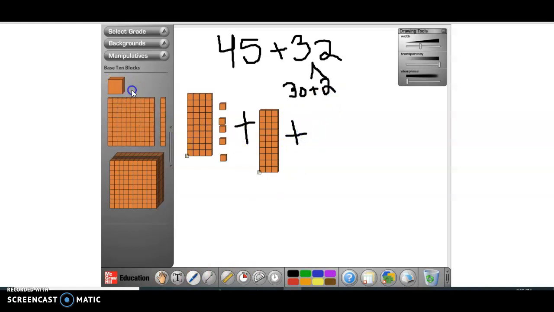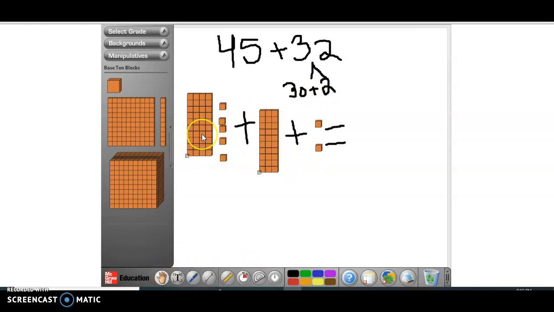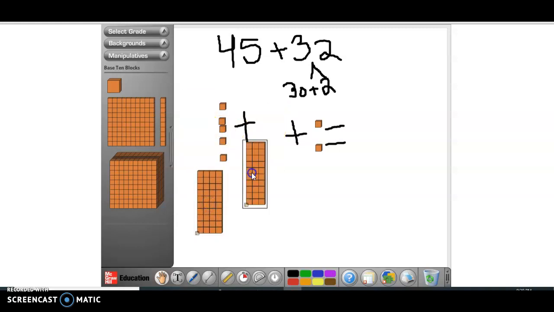And how many ones did we have? 2. And then we can put our equal sign. And now we can add all these blocks together to see how many we have. So let's see. We have 1, 2, 3, 4, 5, 6, 7 tens.